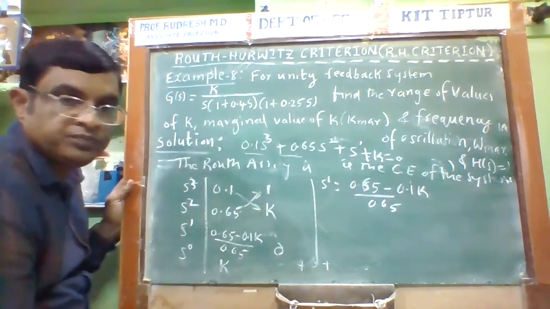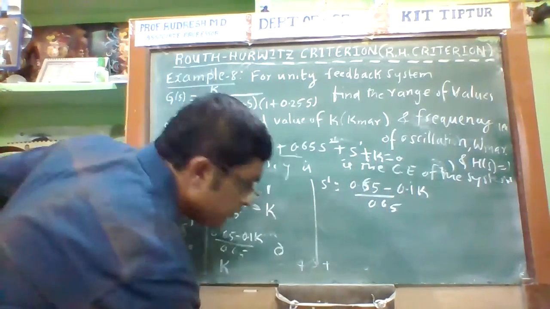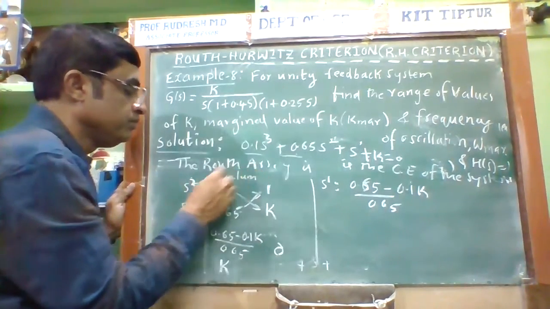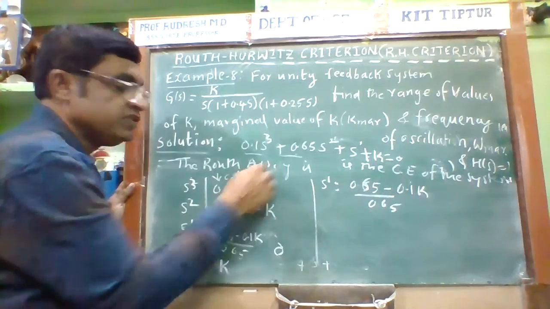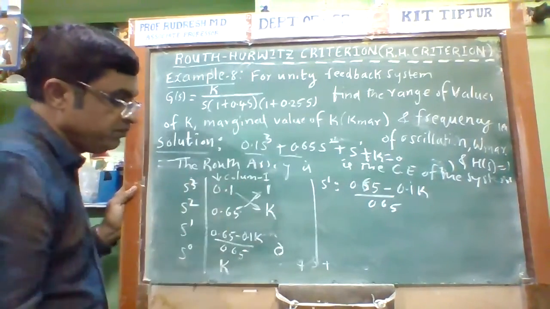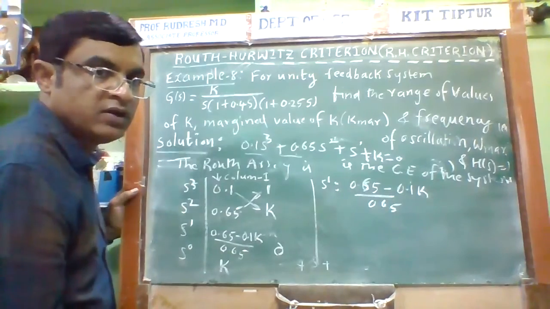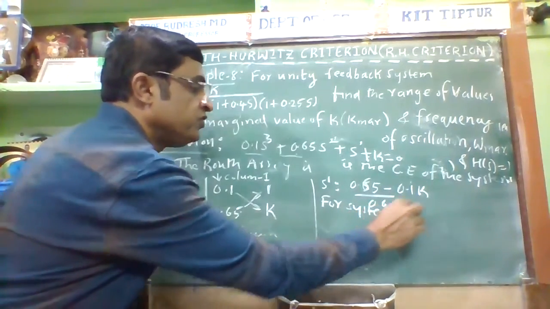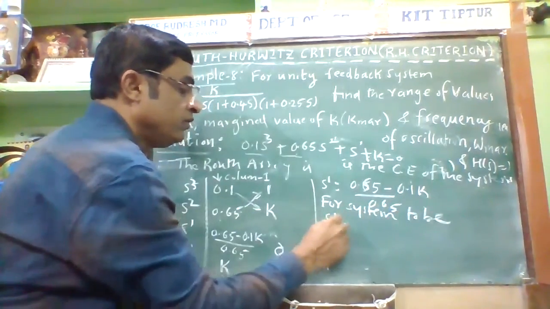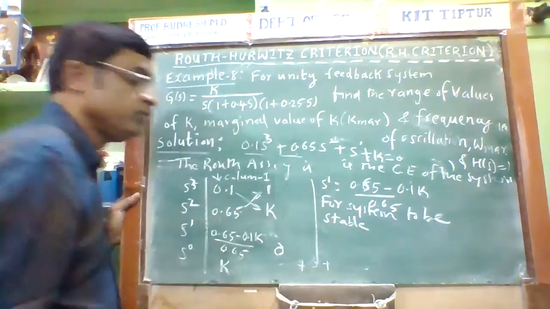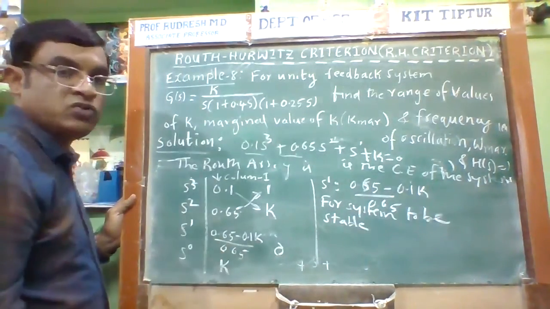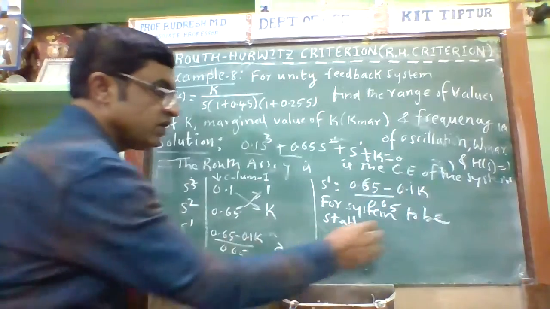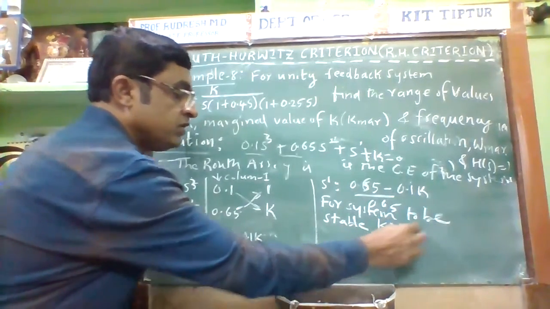For the system to be stable, if you look at the first column of the Routh array, each element in the first column must be greater than 0.